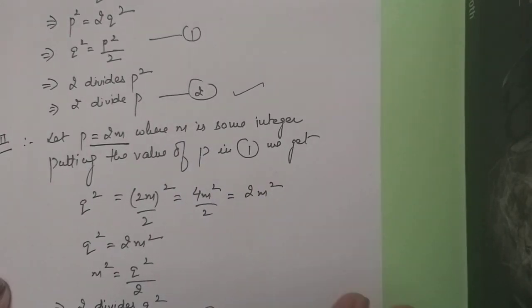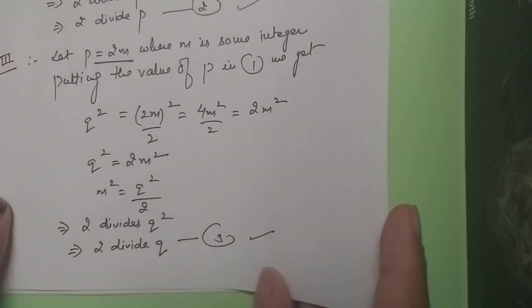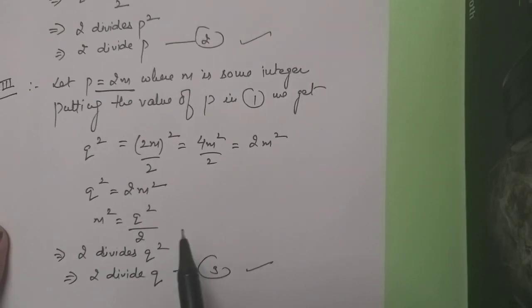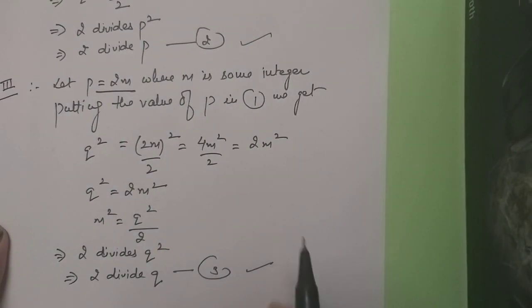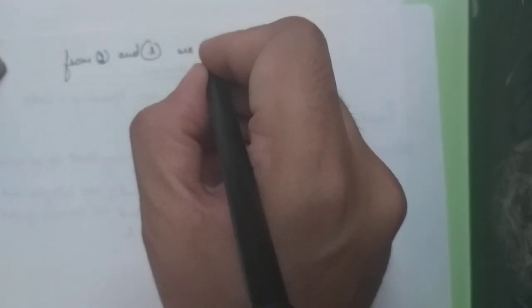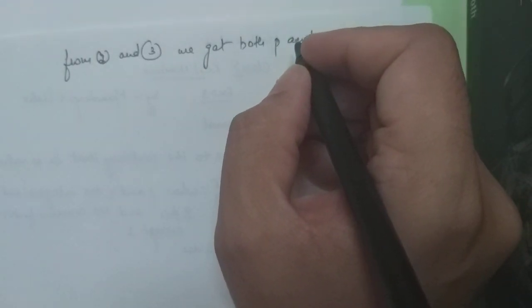So we write from 1 and 2 that 2 divides p, and from 2 and 3 that 2 divides q. So we get that both p and q are divisible by 2.